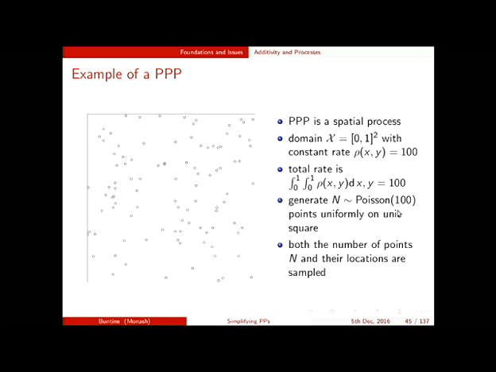So there'll be 100 plus or minus 10 points. That's the standard deviation. And there they are. Someone's generated it for me. We could break this box up into 4, and the count in each should be Poisson 25.